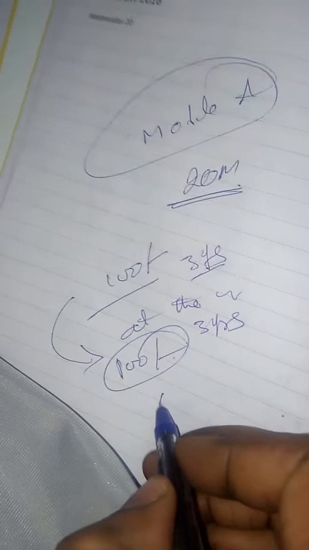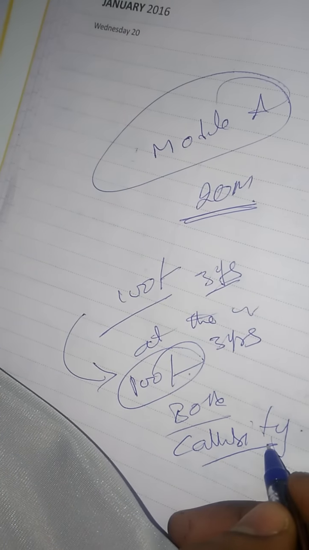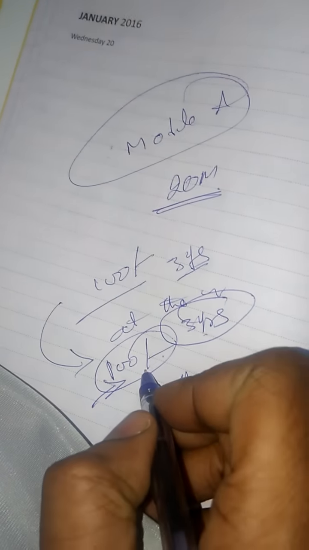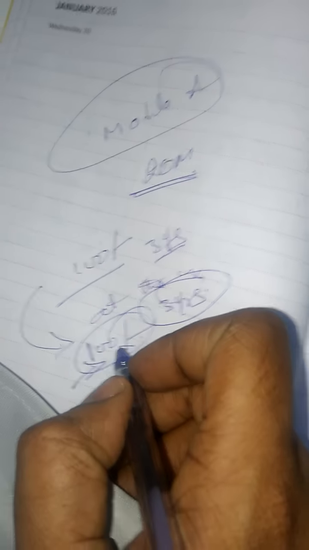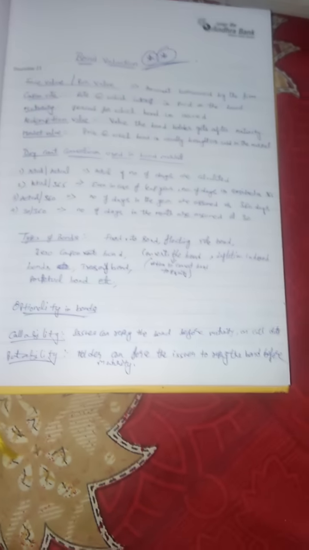But if this bond carries an option of callability, then the bond issuer can repay this 100 before the period of 3 years, that is, before the maturity period. This option is called callability. So the callability option is that the bond issuer can repay the bond before the maturity period.